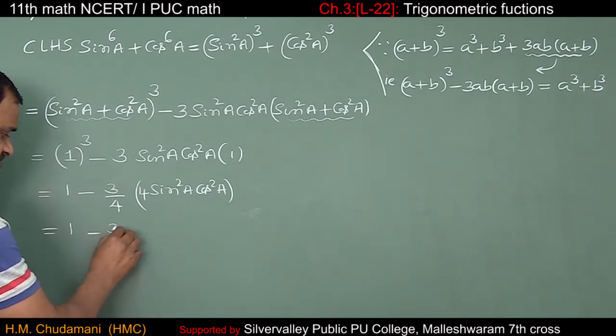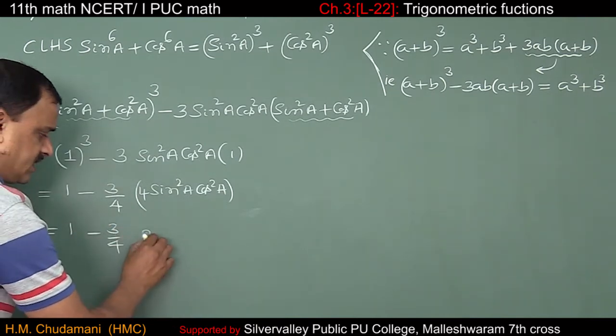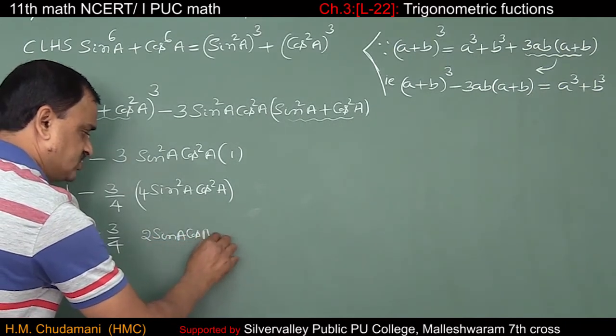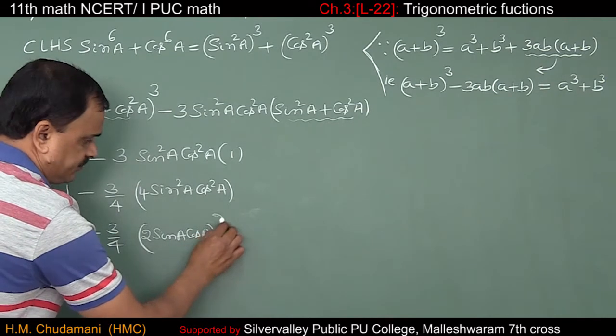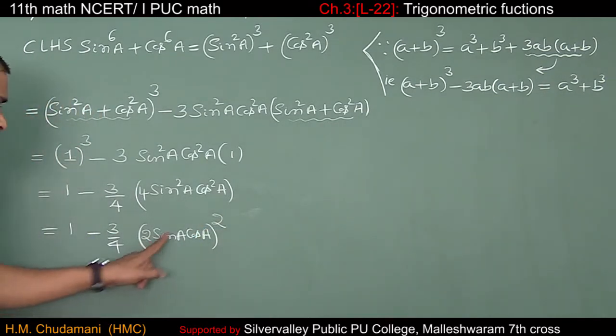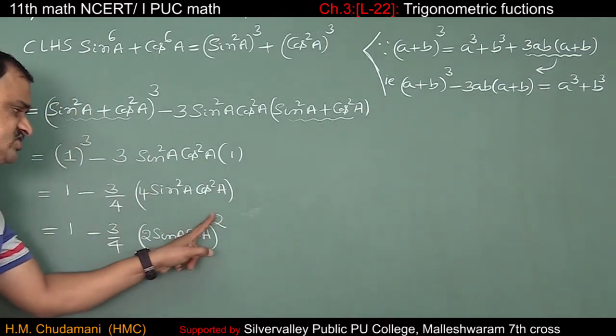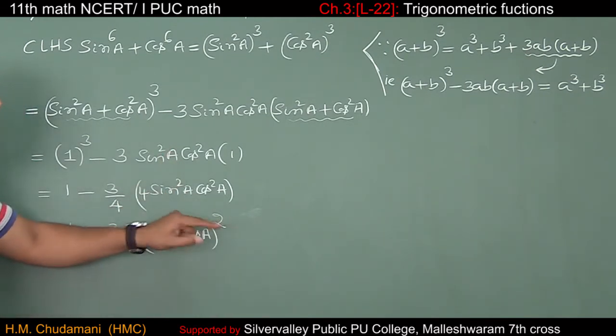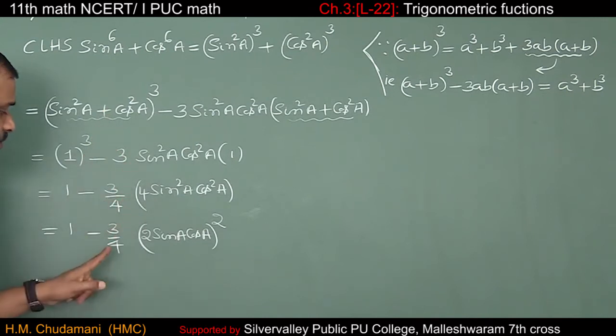I just arrange this. See, we can write this as (2 sin A into cos A) the whole square, so 2 square for sin square A cos square A. Why? Because I want the RHS as 3 by 4 into sin square 2A.